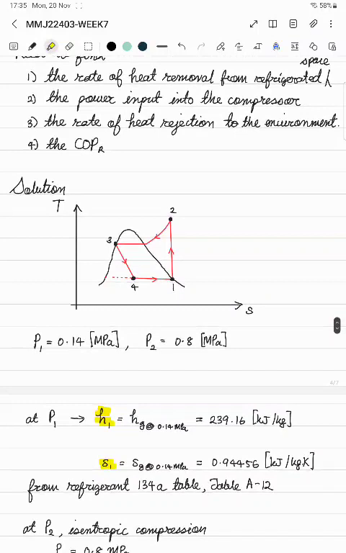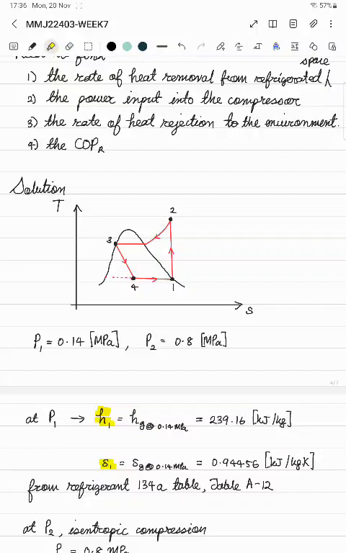And there again, I redraw the diagram into a simpler, more straightforward version. So you have a process from 1, 2, 3, and 4, and we are going to walk through the process state per state. So first we start at state 1. The pressure at state 1 is the lowest pressure, so it's 0.14, and the pressure at state 2 is 0.8.